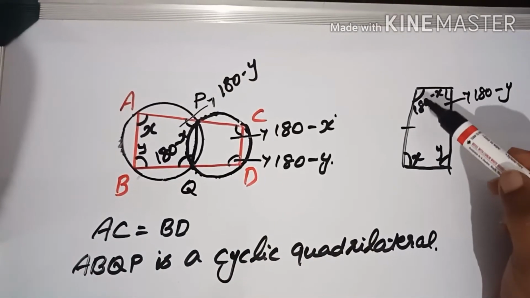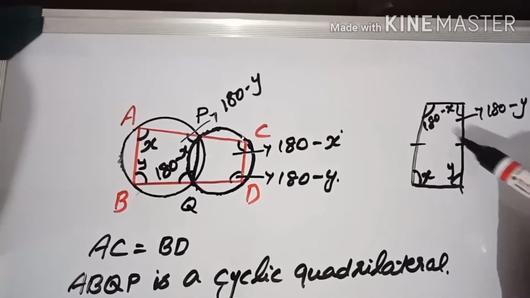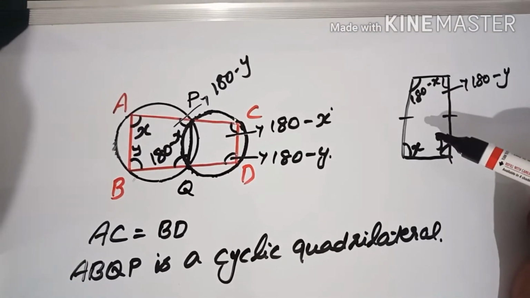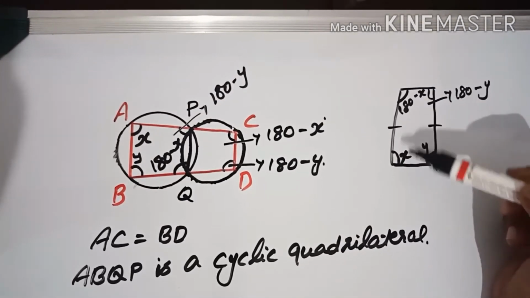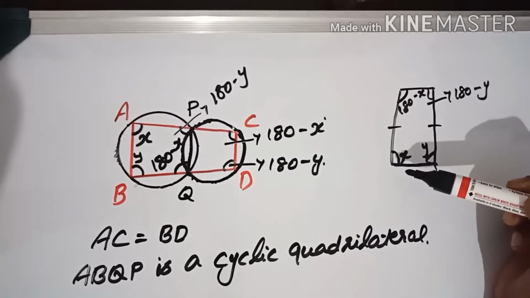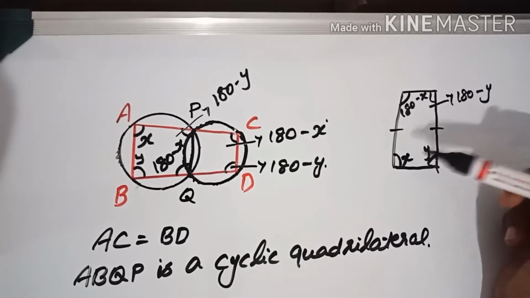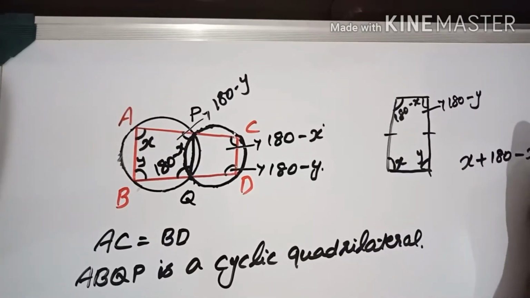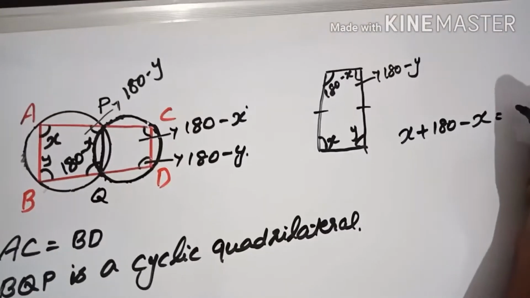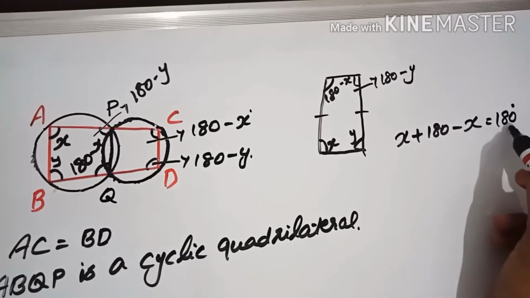So this is an isosceles trapezium. Two sides equal, that means isosceles. The trapezium condition is that the sum of angles on one side will be 180 degrees. That is x plus 180 minus x, x and x cancel, so the answer is 180.